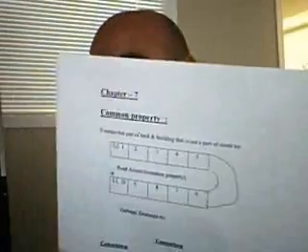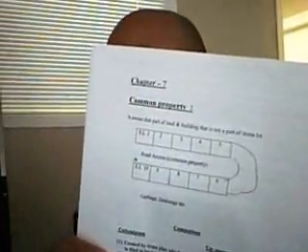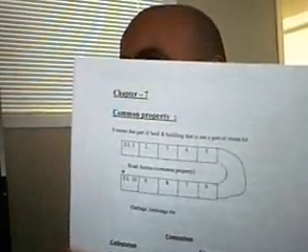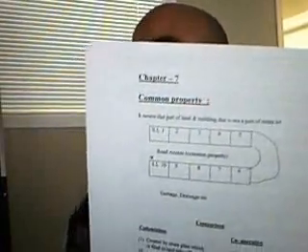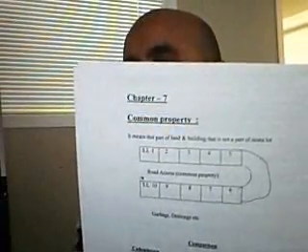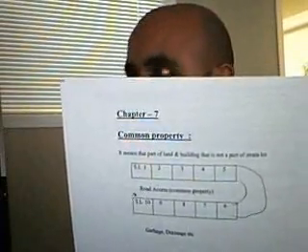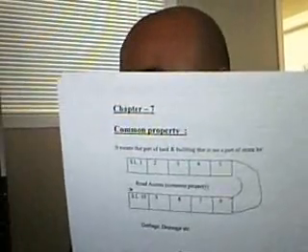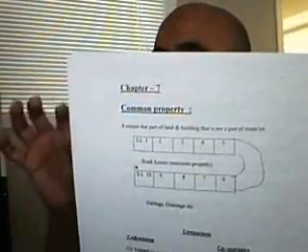Common property in a strata title development is... I have shown you this figure, right? If you look at this cul-de-sac figure, there is a high rise, for example. In that high rise, there are 12 units.